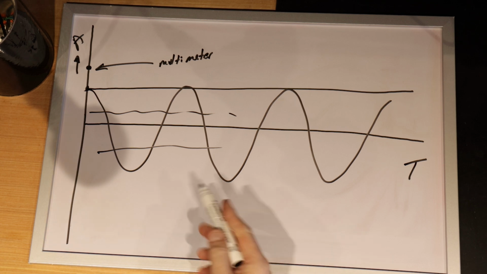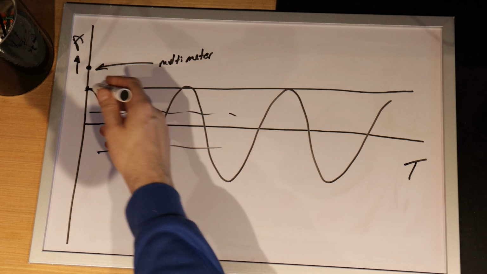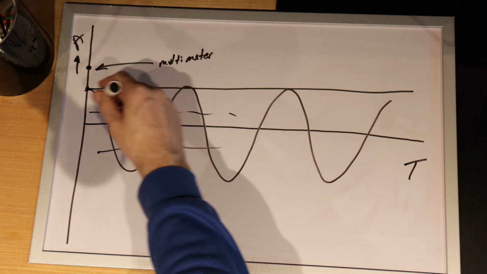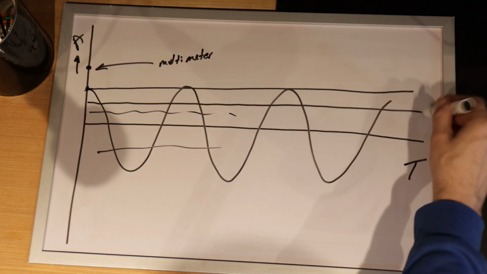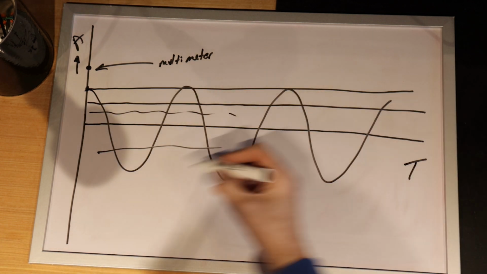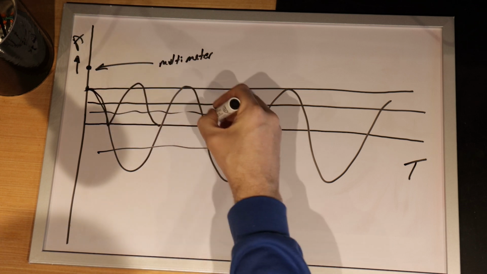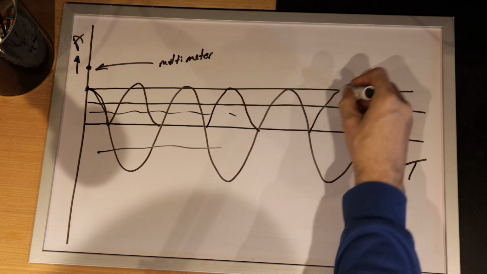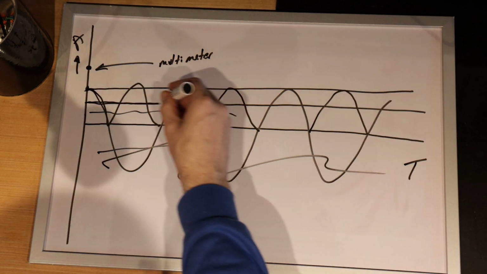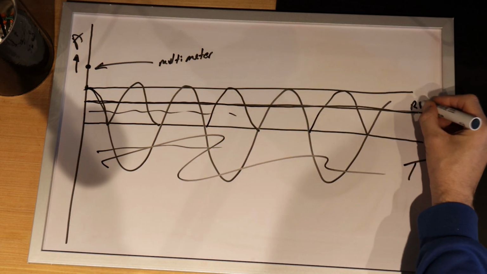The AC function will try and give you the average. The RMS is root mean squared, which means that effectively by squaring something you're getting rid of the negatives, and then you're finding the average of those. So that would be the RMS value.